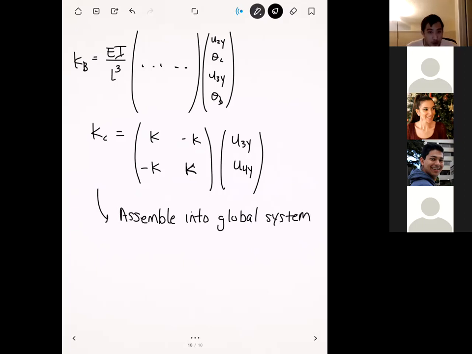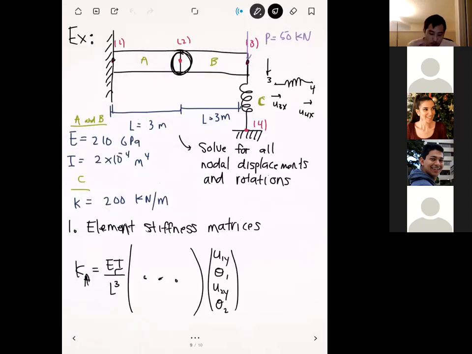Our global system here will have an interesting number of rows and columns. For the previous beam problem we did, every node had 2 degrees of freedom, a transverse displacement and a rotation. In this particular problem, we have 4 nodes: nodes 1, 2, 3, and 4.